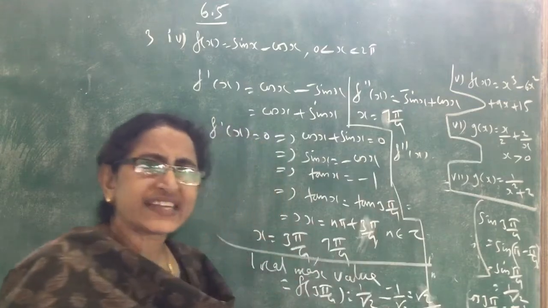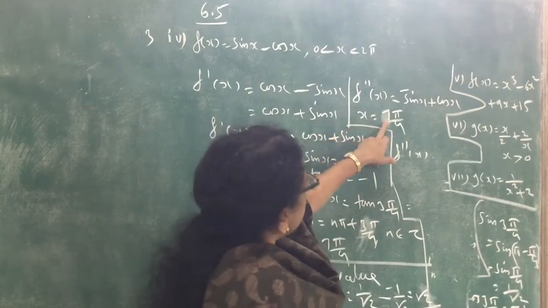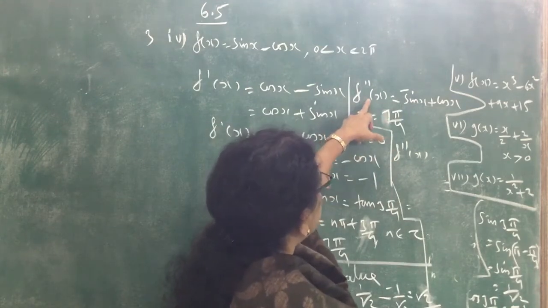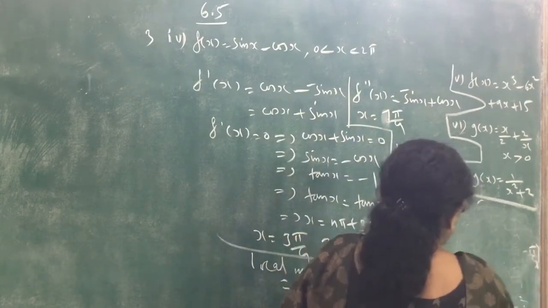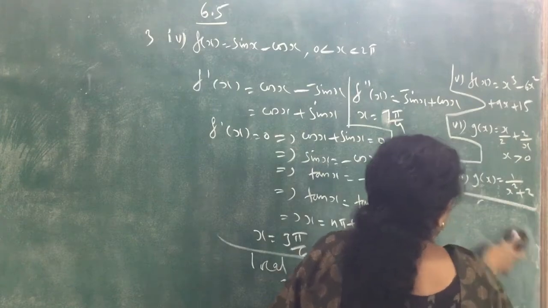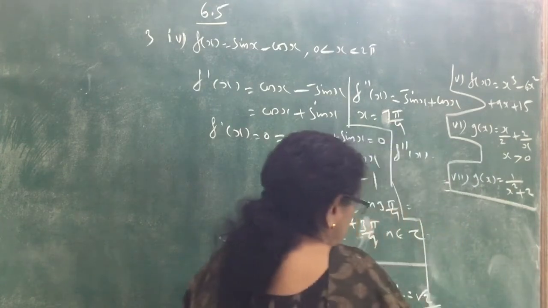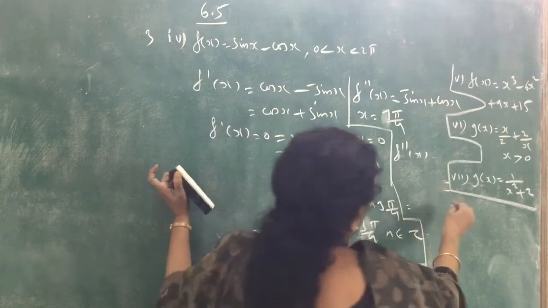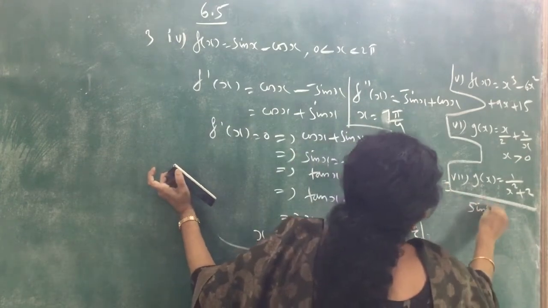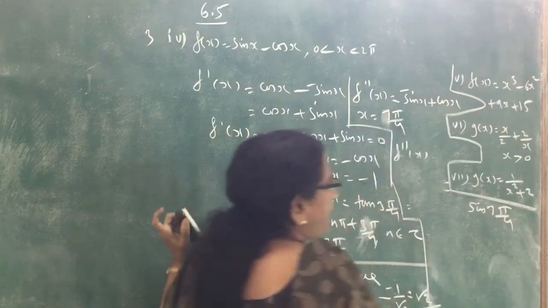Now when x equal to 7 pi by 4, f double dash x equals minus, so we want the value of sin 7 pi by 4.